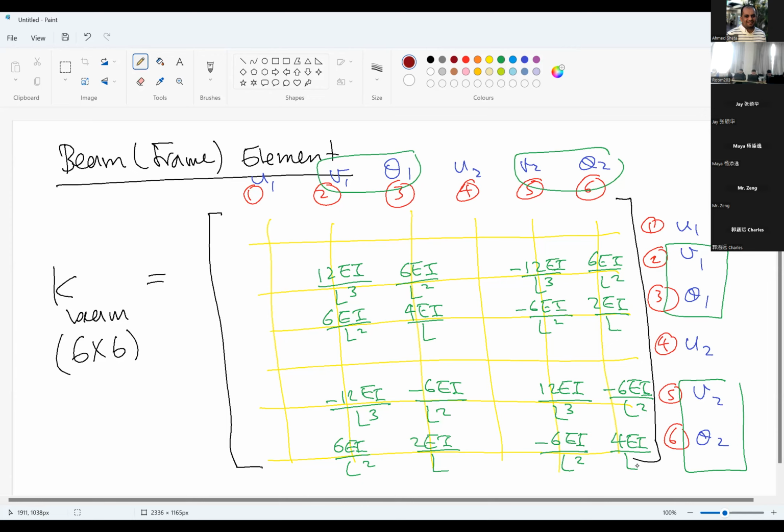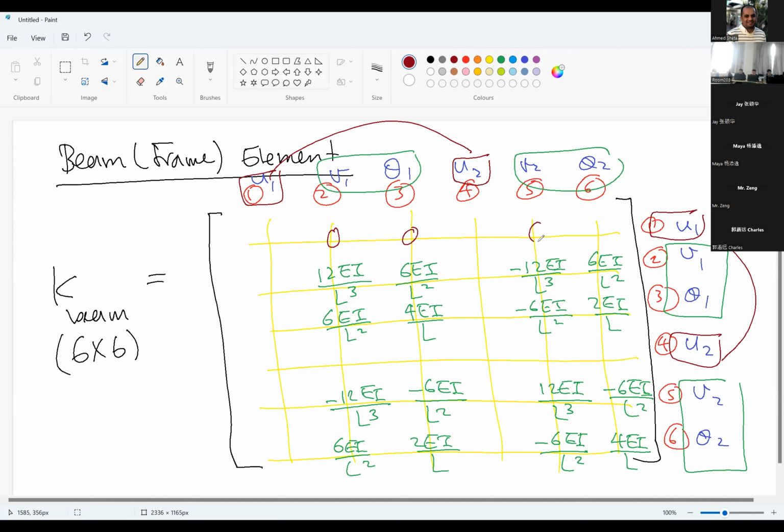Here, the values will be zeros because they do not exist. What will exist is just U1, U1 and U2, U2. So just the relation between U1 and U2. U1, V1 does not exist, so 0. Theta 1, U1 doesn't exist, so it will be 0.